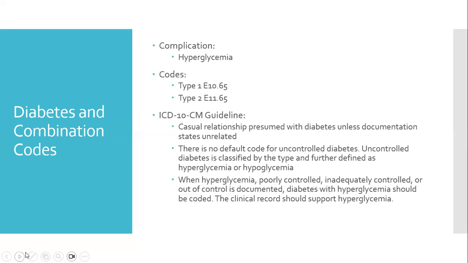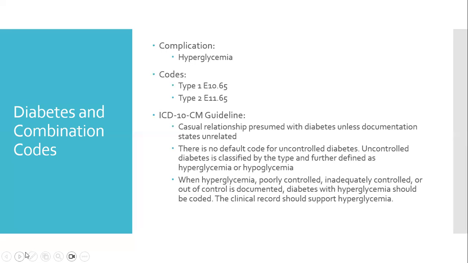When you do have the additional digits is when you have hyperglycemia or hypoglycemia. So, as I just stated, hyperglycemia is when the glucose level is elevated, whereas hypoglycemia is when the glucose numbers are lower than normal or below where the goal is for that particular patient.